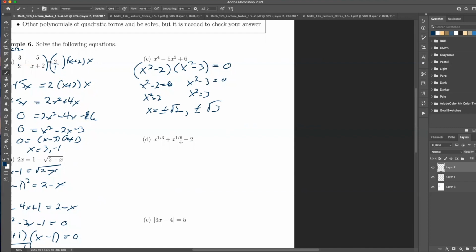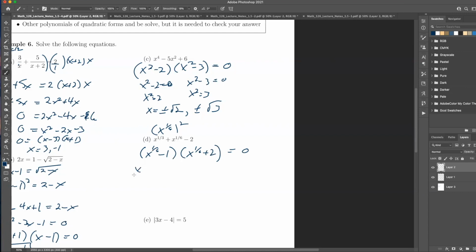And you can use the same thing to solve this one, right? Here I have x to the 1/6, because remember, x to the 1/6 squared is equal to x to the third. So you can use what you've learned in order to solve this. Then you can just factor this normally, which would be minus 1 and plus 2, equal to 0.